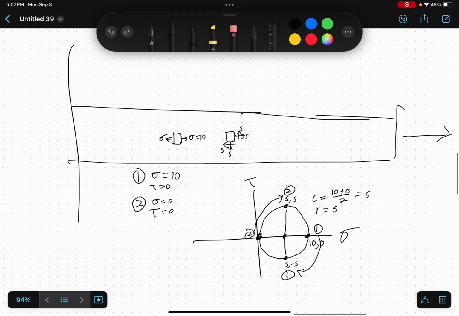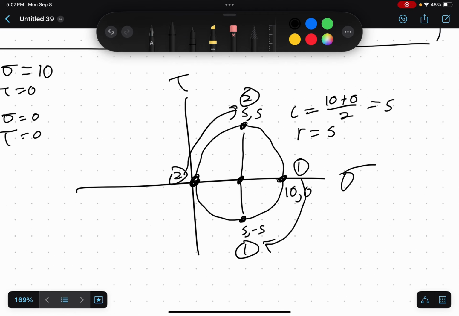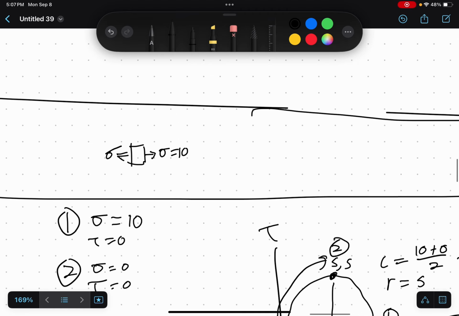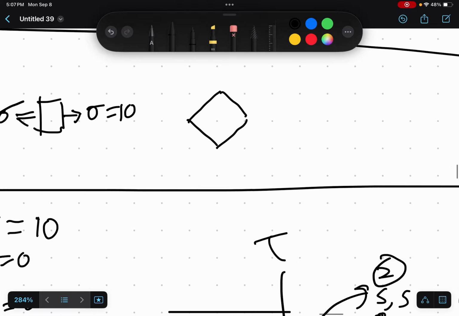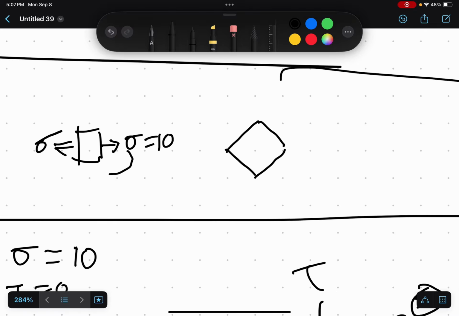So the actual way to rotate this is, if you rotate something by 90 degrees on the Mohr circle, you rotate the stress element by half of that. So in this case, you rotate the stress element by 45 degrees. So now we rotate this down 45 degrees. So side 1 now becomes down here.